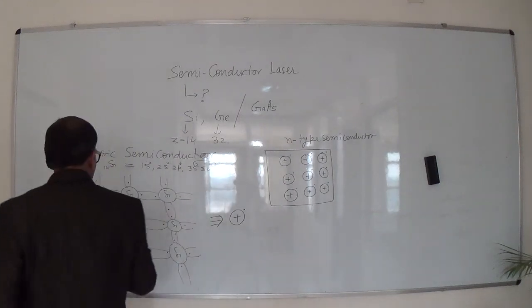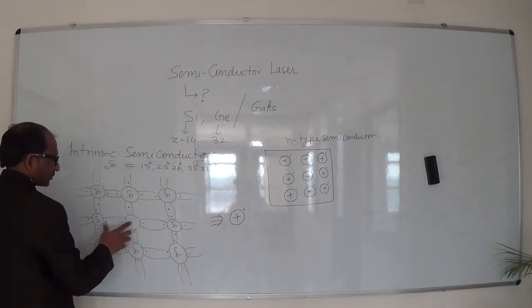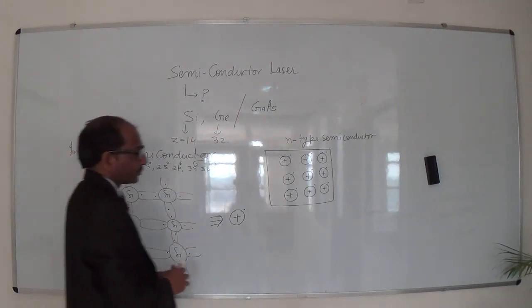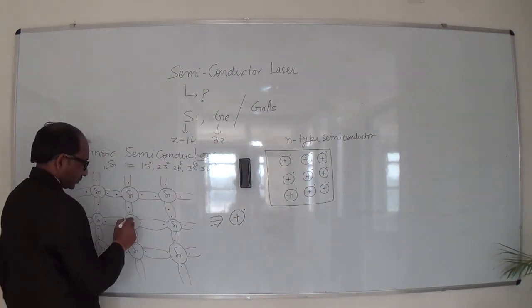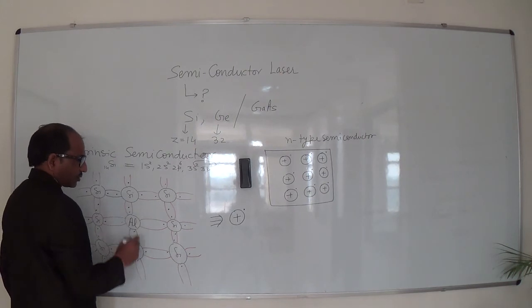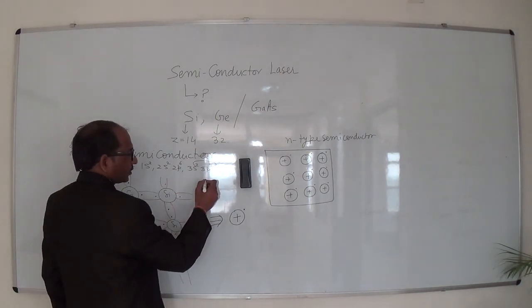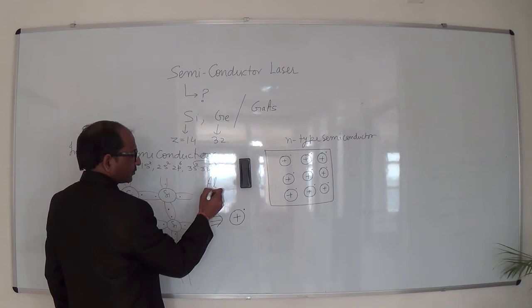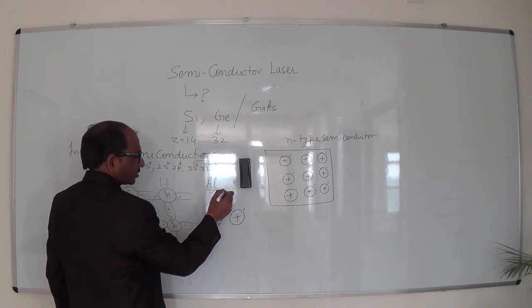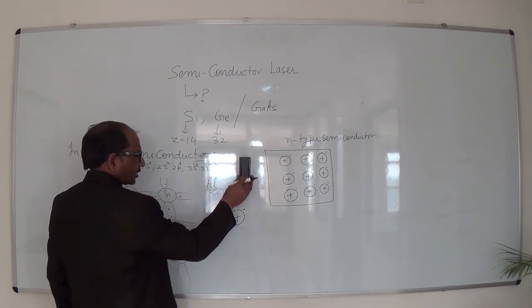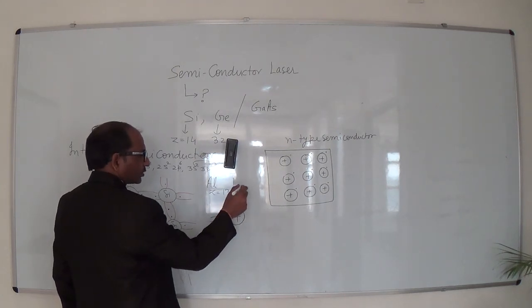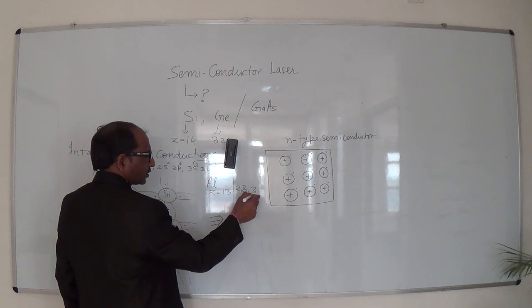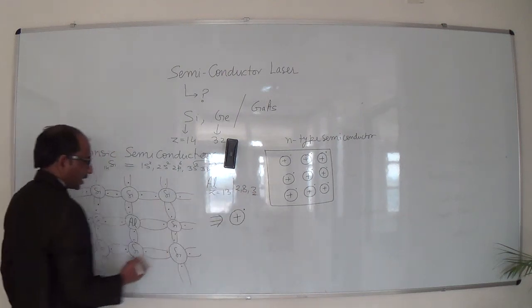If I use a trivalent impurity, for example aluminum, its atomic number Z is 13. So its first shell has 2 electrons, the second has 8, and the last, third shell has 3 electrons.